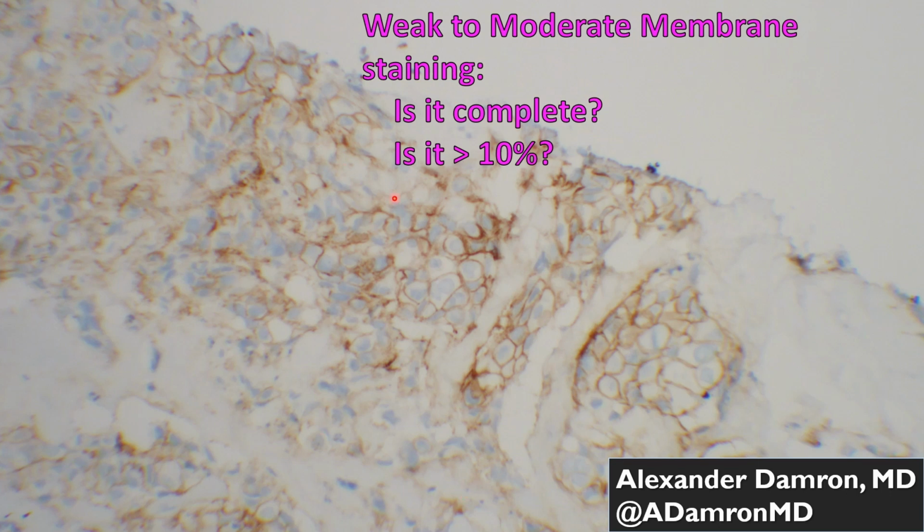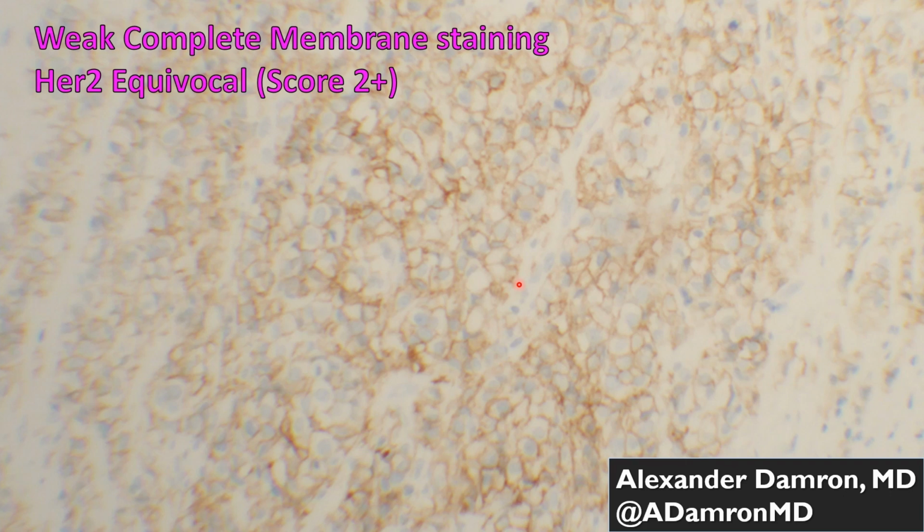Does this comprise more than 10% of the tumor? So in these cases that are heterogeneous, you really need to focus on, is this greater than 10%? And then when you do your in situ hybridization studies, if you determine that this represents greater than 10% of the tumor, then you're going to need to focus your ISH studies in those areas of the tumor.